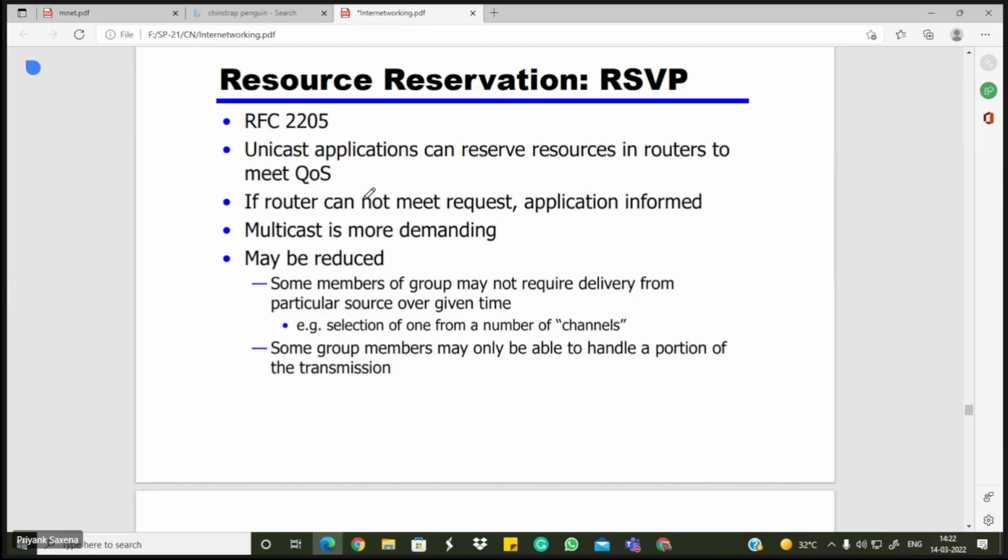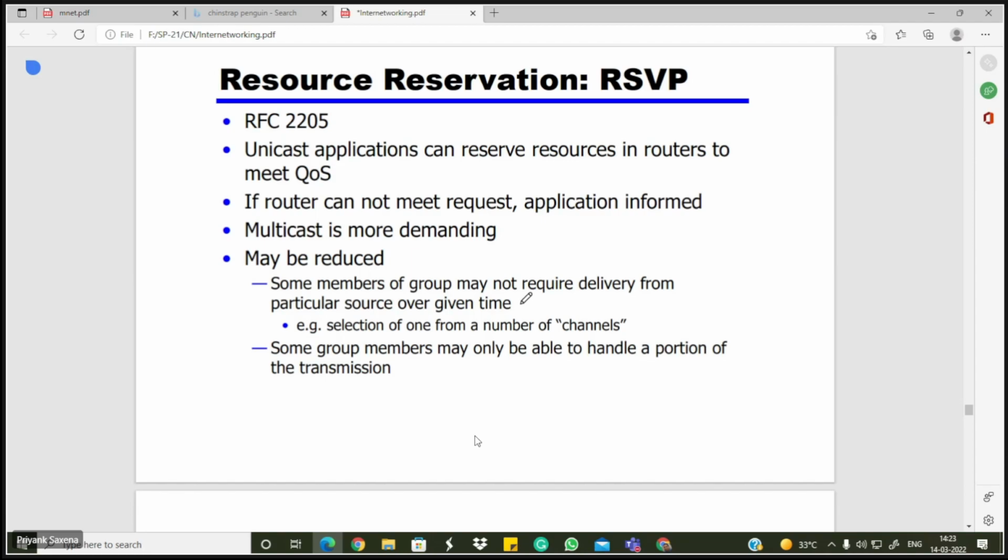So like that, the users are divided. This is how some members of the group may not require delivery from a particular source over a given time. If I say Star Sports, only a few users are needed. Not everybody is tuned to Star Sports, right? So that is one thing.